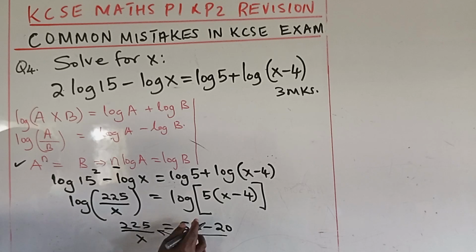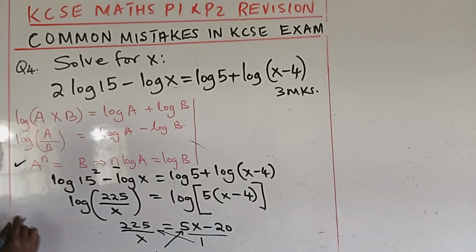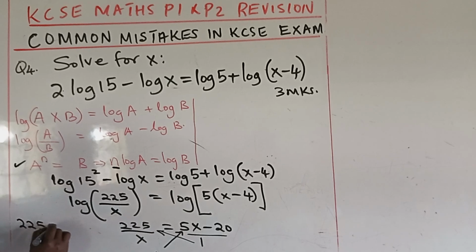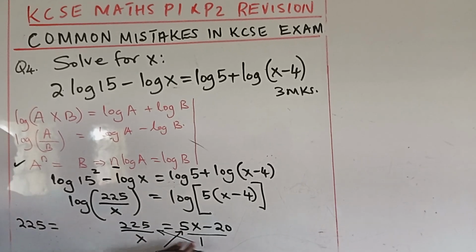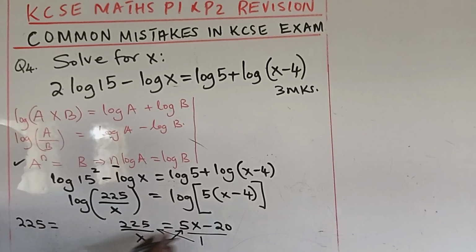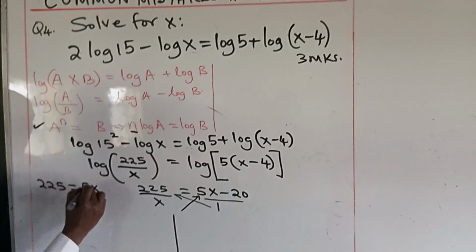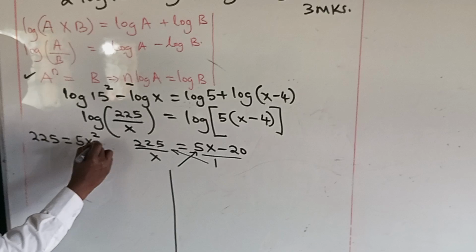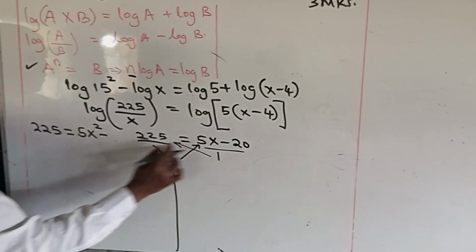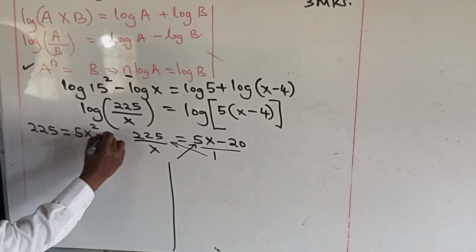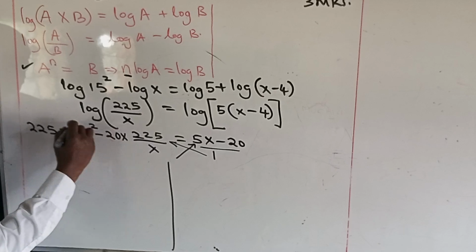So we cross multiply. 1 comes here, x comes here, and we get, let me use this space here. That gives you 225 is equal to 225 times 1 is 225. x by this is 5x squared minus, the x multiplied by negative 20 is negative 20x.